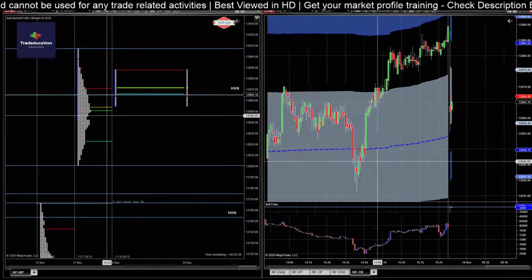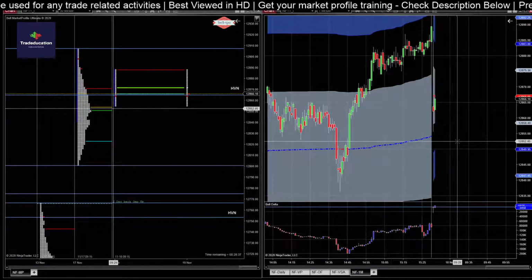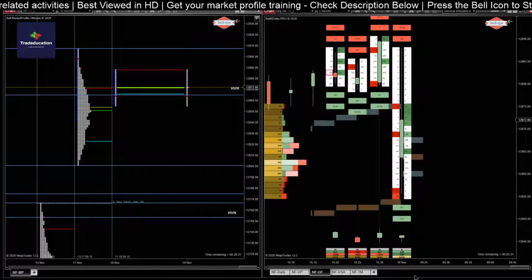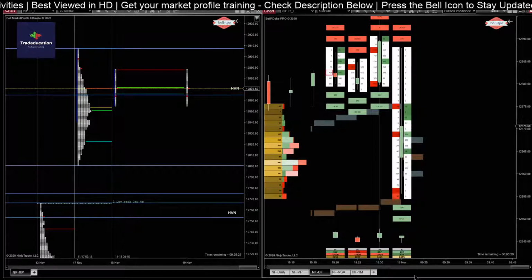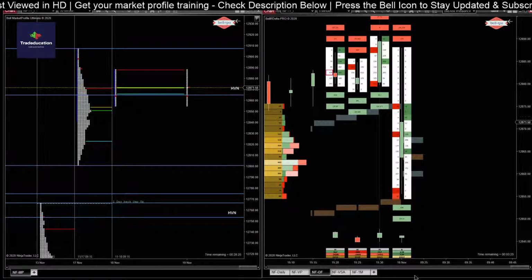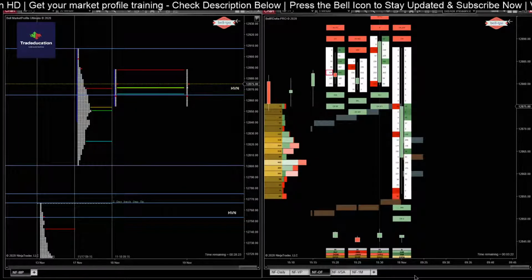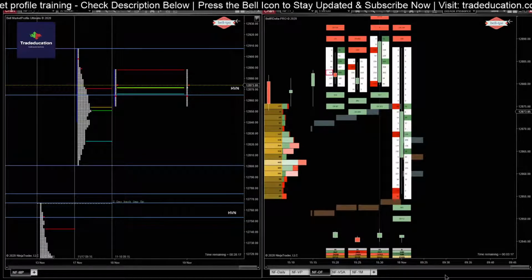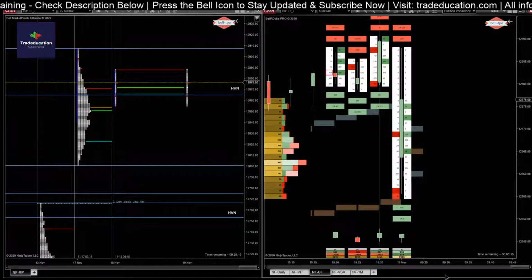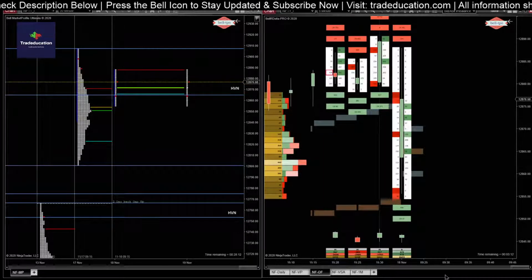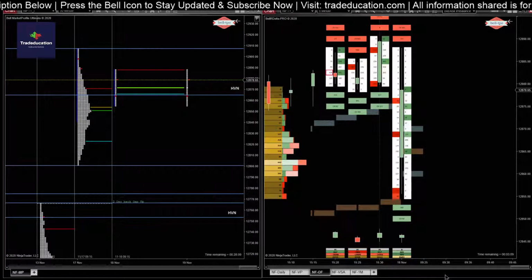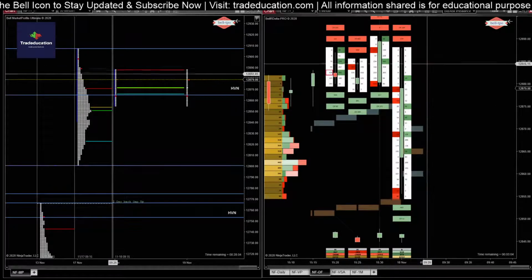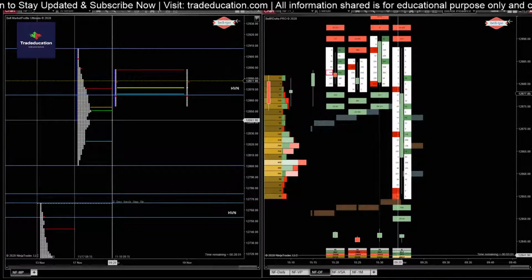Overall delta is positive, and a good buying flow is coming in. Buyers are stepping in now. The high should be tagged. Pretty massive buying happening, but overall volume is not so decent.